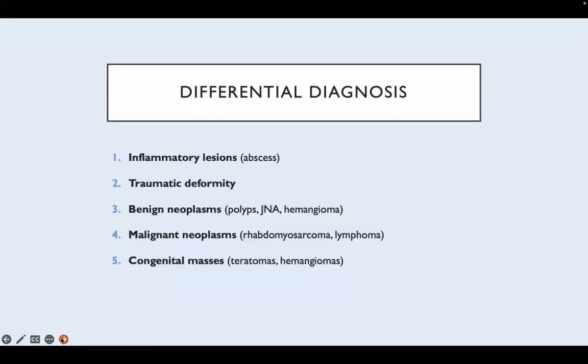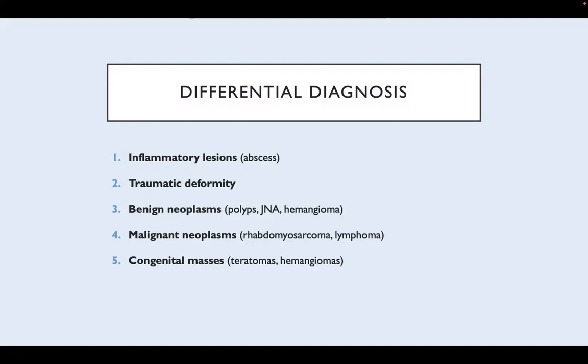In terms of the differential diagnosis, I think it's important to keep it wide and not label the patients as having something just because this is what you know, but keep it wide. So inflammatory lesions like an abscess, just remember that this can occur concurrently with the underlying congenital developmental abnormality. It can be a traumatic deformity, so always ask patients about any previous trauma.